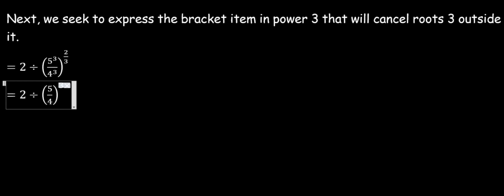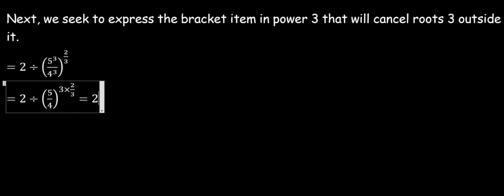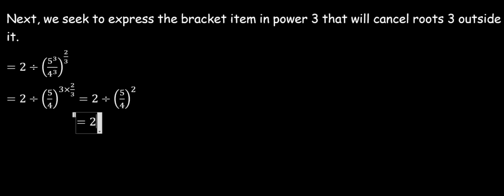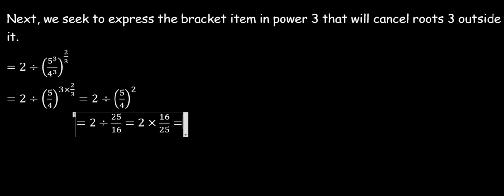Since the numerator and denominator are now in the same powers of 3, we can factor out the power, become 3 times 2 over 3, and that is equals to 2 divided by 5 over 4 bracket open and close raised to power 2 equals to 2 divided by 25 over 16, which is the same as changing from division to multiplication, 2 times 16 over 25, and that is the same as 32 over 25.